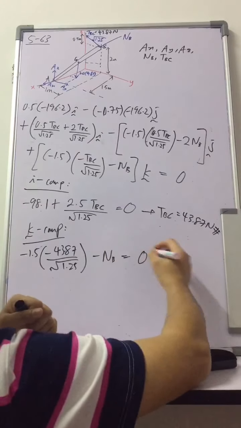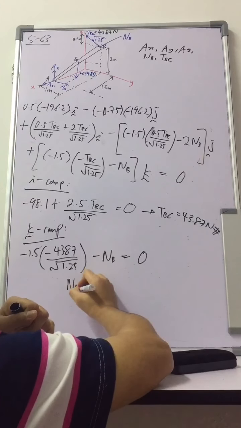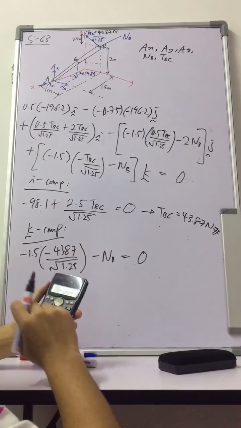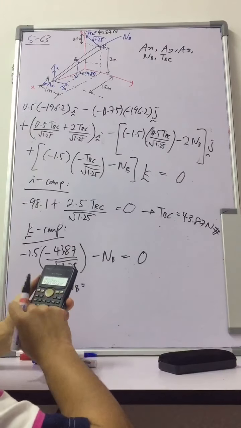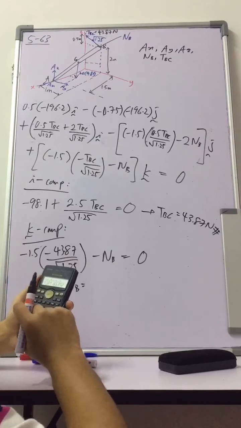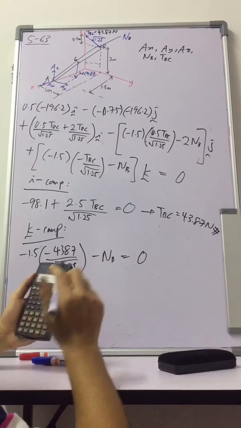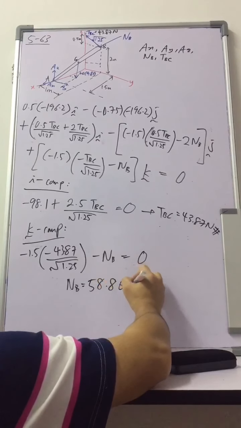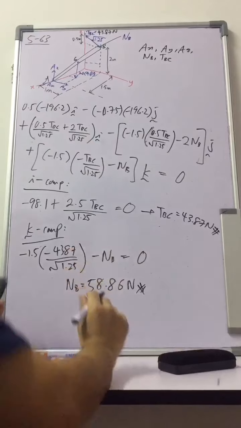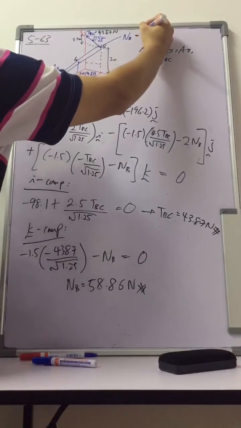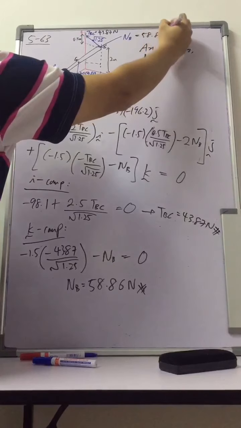So you can find NB here. You hit the calculator, 43.87 times 1.5 divided by root 1.25. We got 58.86. So NB is 58.86.